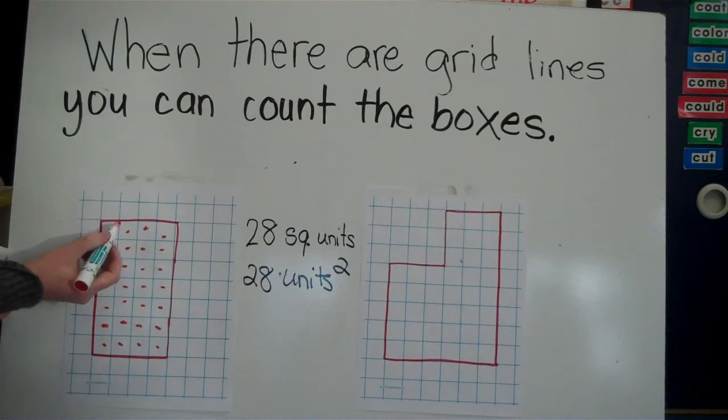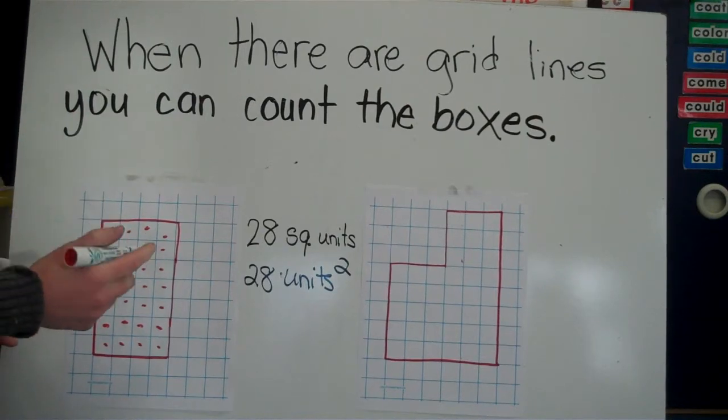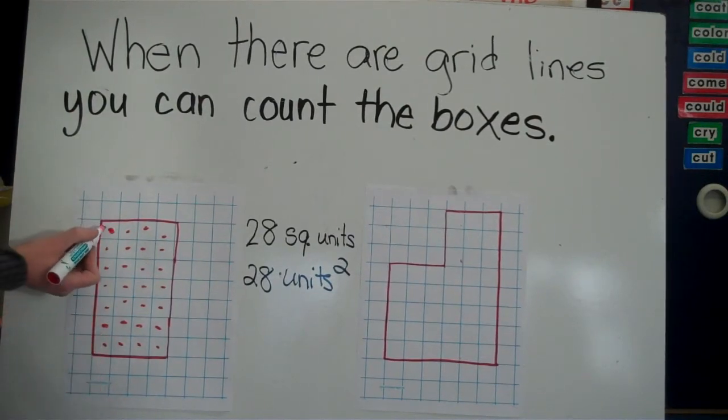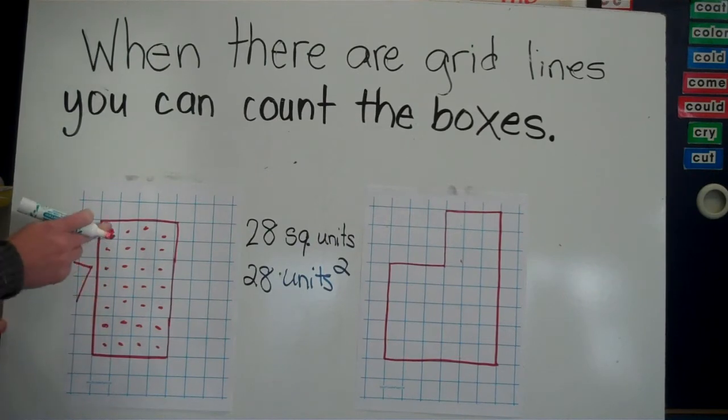Okay, before we move on to the next one, you can think of this as an array, because if you look at these dots, it almost looks like you have an array. And remember that area is length times width. So if I look at my length, 1, 2, 3, 4, 5, 6, 7, I have 7 squares going this way.